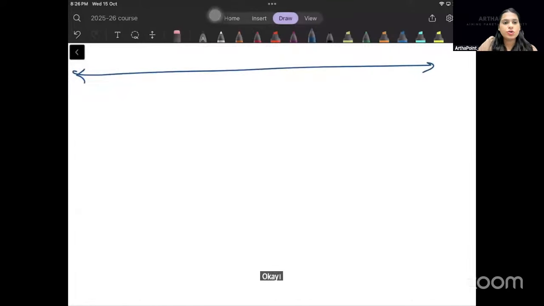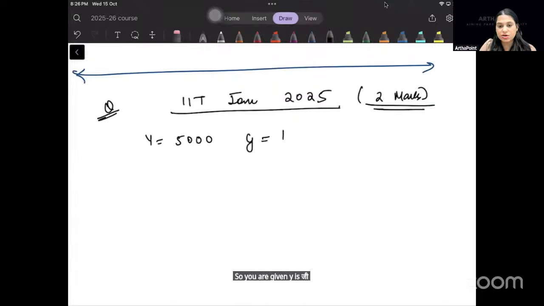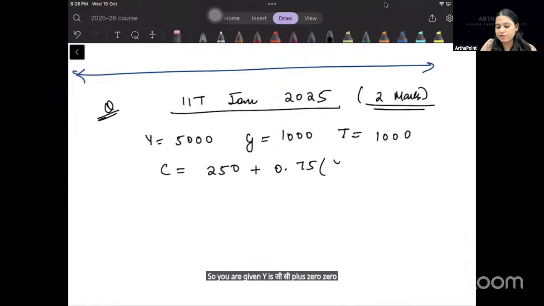Okay. So this is IIT JAM 2025, 2 marks question, right? So you're given Y is 5,000, G is 1,000, T is 1,000, C is 250 plus 0.75 (Y minus T), right?